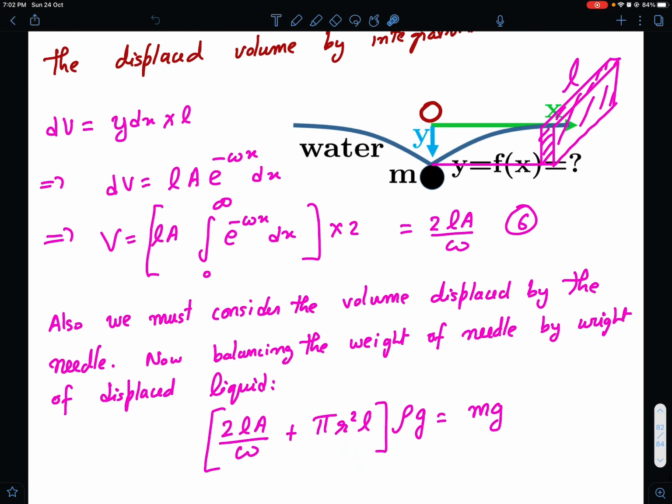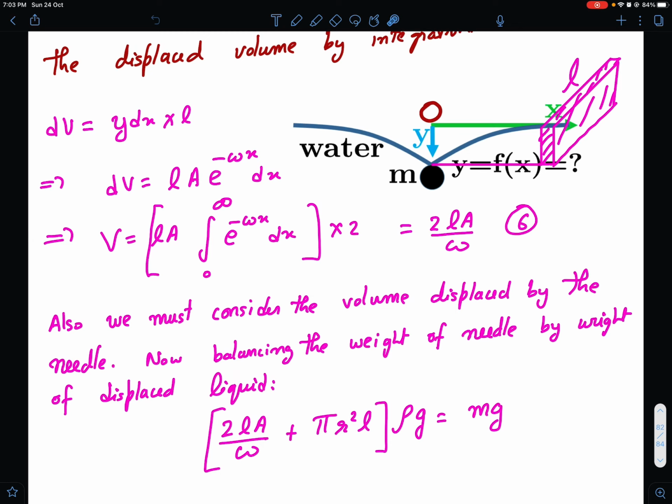Okay, and now we also need to consider the volume displaced by the needle. So not just the shaded region but also this volume is getting displaced, because the needle is also occupying the space inside the water. So what is the total displaced volume of water? That is 2La by omega plus the volume of the needle, that is pi r square L. Small r was given as the radius of the needle.